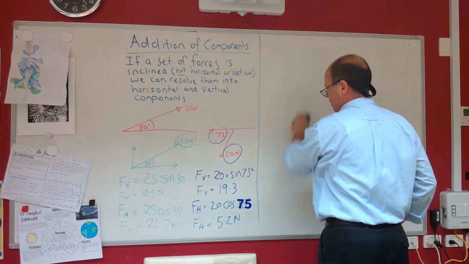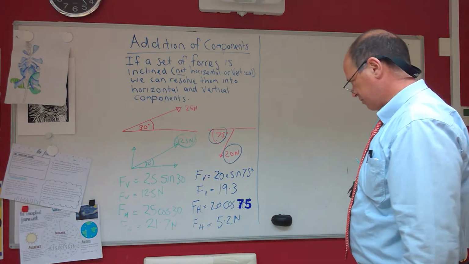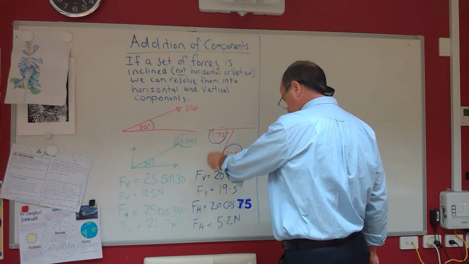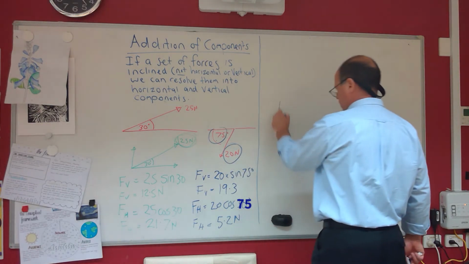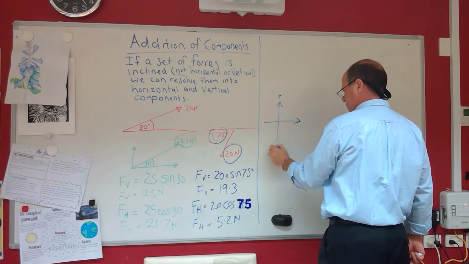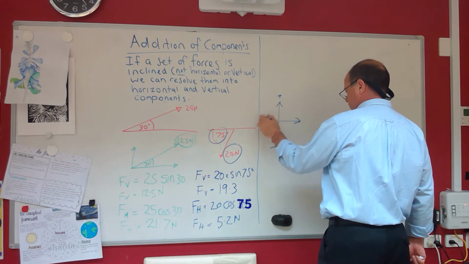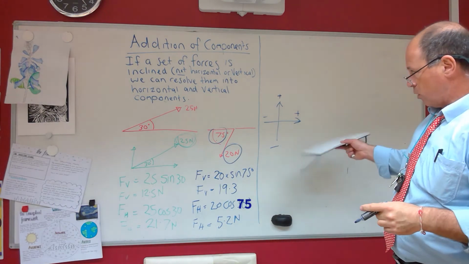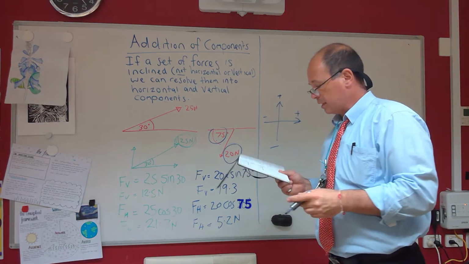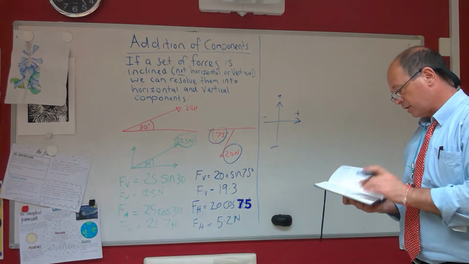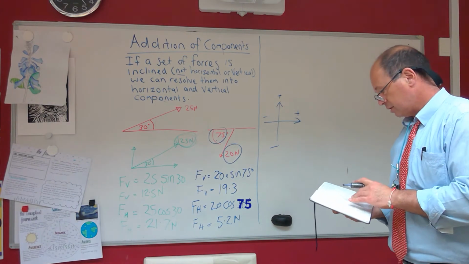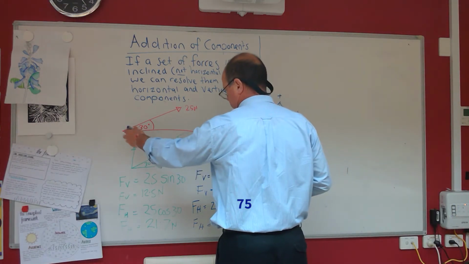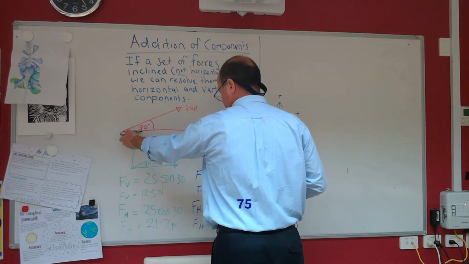We've learnt about adding vectors. Now just remember too our sign convention, a way of working out our pluses and minuses. To the right is positive, so this has a vertical component that's positive and a horizontal component that's positive.